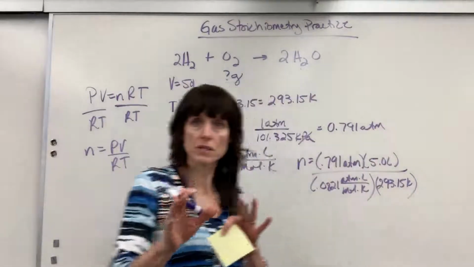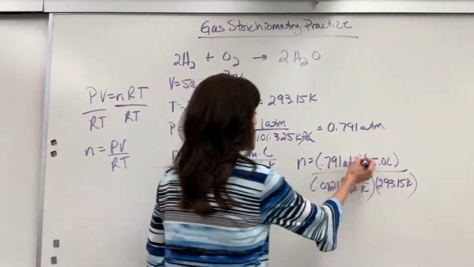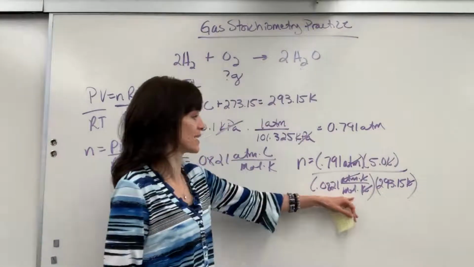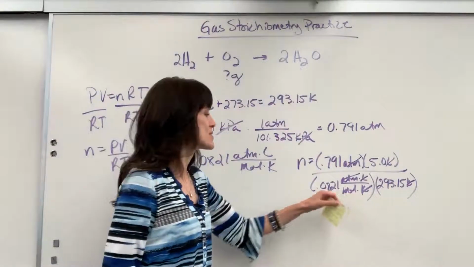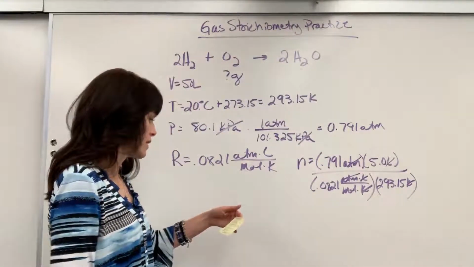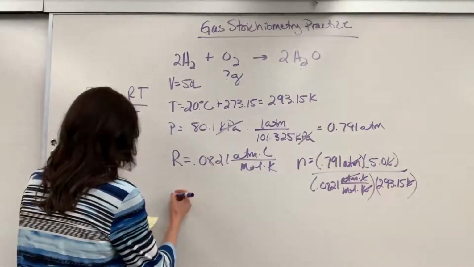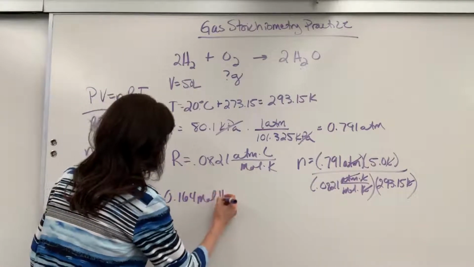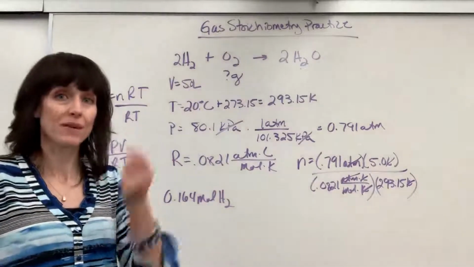Okay, let's check our units, make sure that we did this correctly. ATM cancels, liter cancels, Kelvin cancels, and there we have it, moles. So when we do this math, be really careful, use parentheses on the denominator. The moles of hydrogen is 0.164 moles of H2.